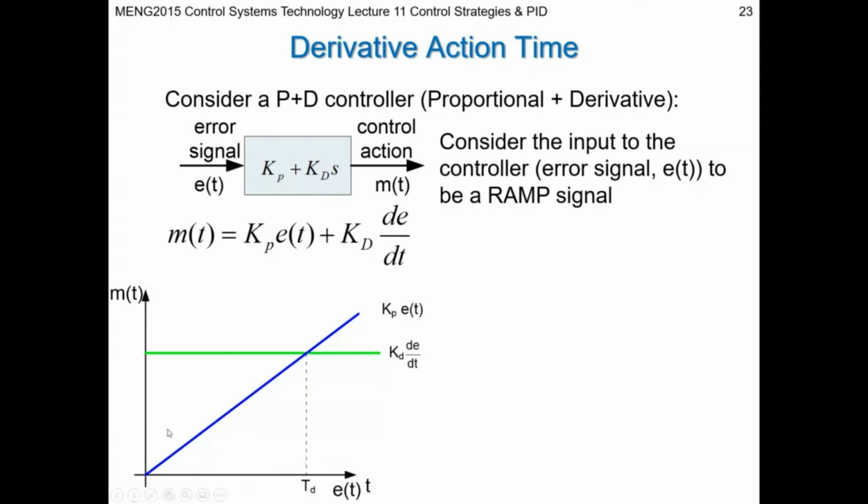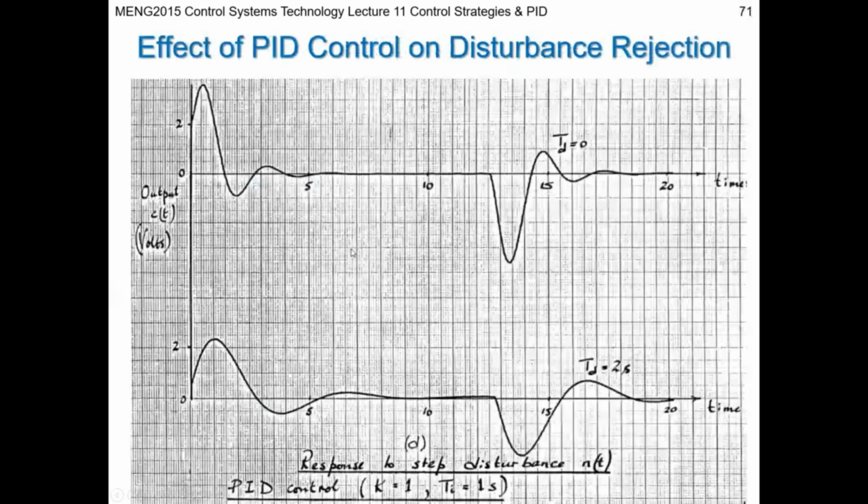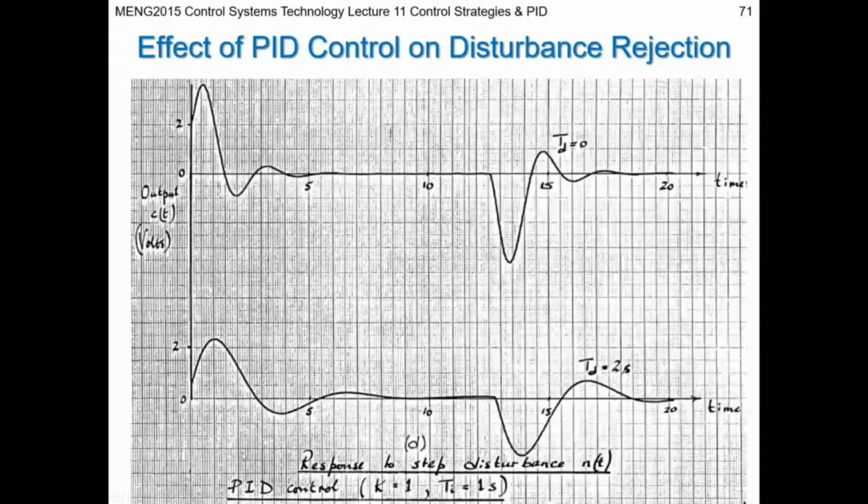So we're going from 0, which means there's no derivative action down here, and then basically pushing this green line up to increase the amount of derivative action, increasing KD. So increasing it from 0 to 2 seconds, you can see what's happened here is that the amount of overshoot you get in response to the step in the disturbance is much lower.